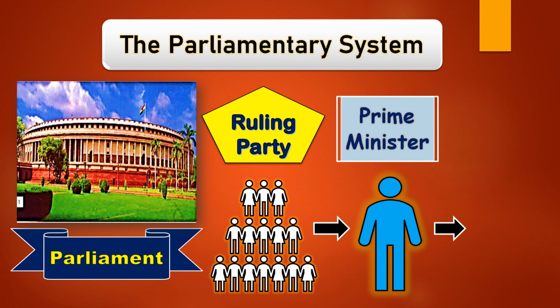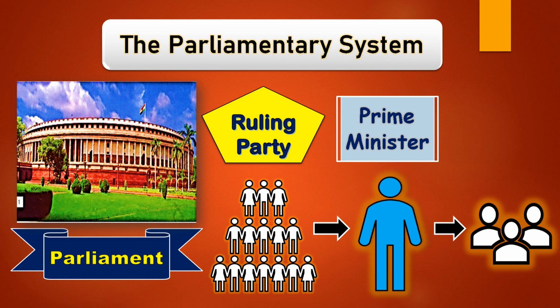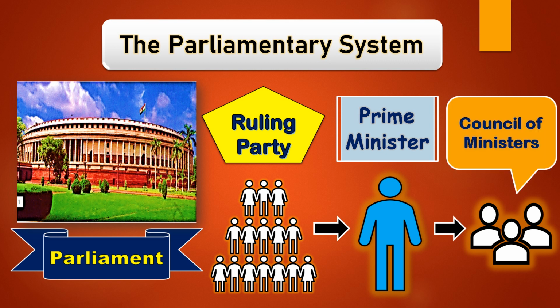Further, the prime minister chooses ministers from among the people to form the council of ministers or the executives. So now executives and the council of ministers is a part of legislature or the parliament. Here legislature and executives are closely related and share powers with each other. This system functions on the principles of ministerial responsibility.